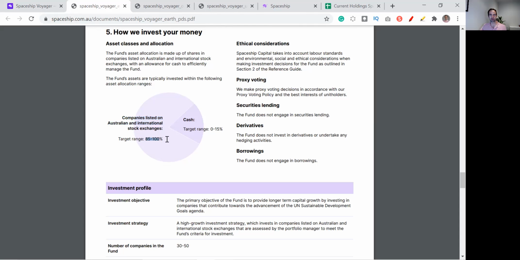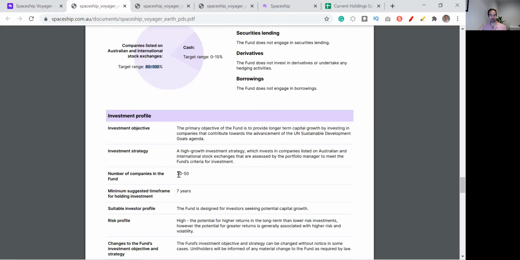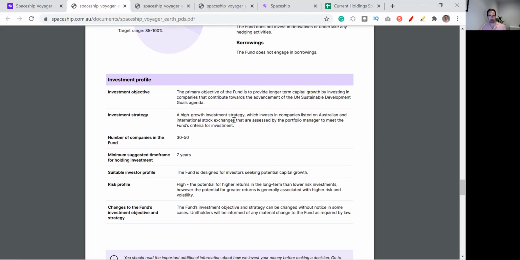That makes 85 to 100%, depending on how much they are invested, and they hold 0 to 15% cash. And you can see here that they have fewer companies in this particular portfolio. And yeah, the primary objective is to find long-term capital growth investing. That's a pretty boring statement.